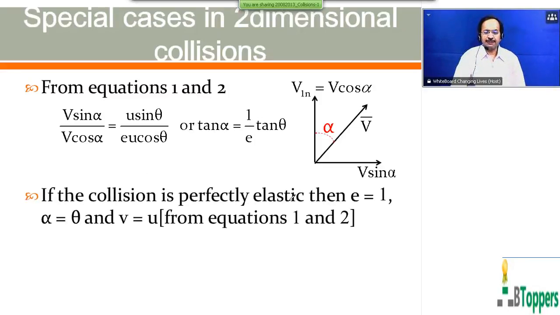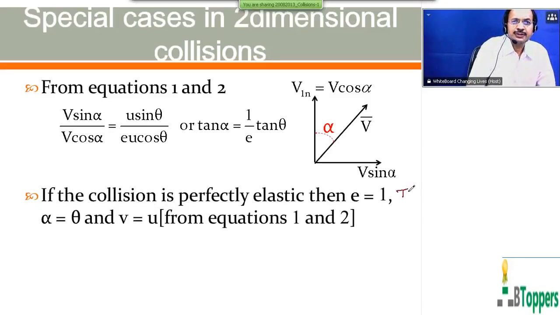If the collision is perfectly elastic, then E equal to 1. If you put E equal to 1, from the concluded tan alpha you get tan alpha equal to tan theta, or alpha equal to theta.